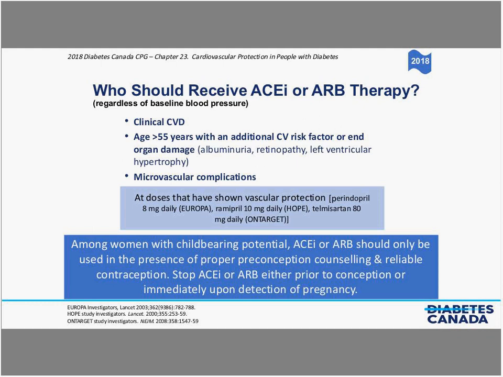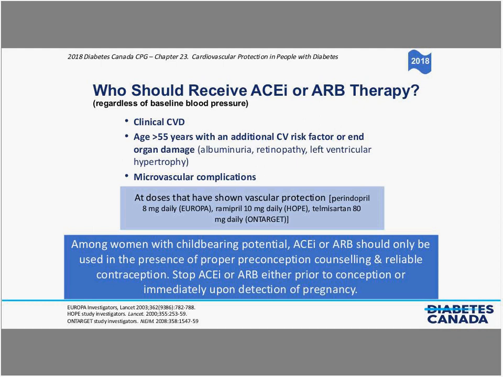The ACE inhibitor recommendations are a little looser than they were. So certainly use an ACE inhibitor such as ramipril or perindopril in doses that were shown to be effective in the landmark trials in those people who have established clinical cardiovascular disease.